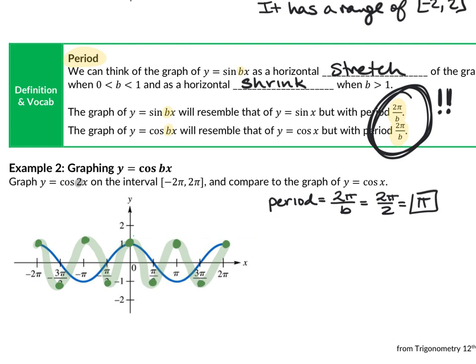It kind of looks like a piece of DNA, but it's not. This function is occurring more frequently. It has a higher frequency than the regular cosine function.